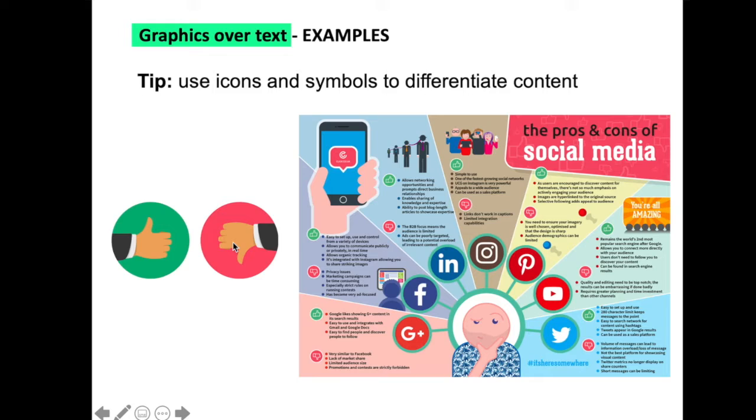And in addition to the thumbs up and down, it also uses color coding. So green for pros and red for cons, as this is an association that is generally well recognized. This avoids having extra text for headings, but it still helps convey what different sections of the poster represent.